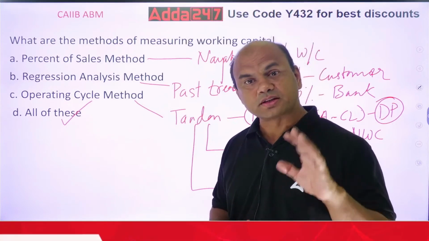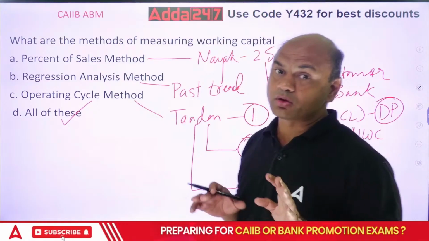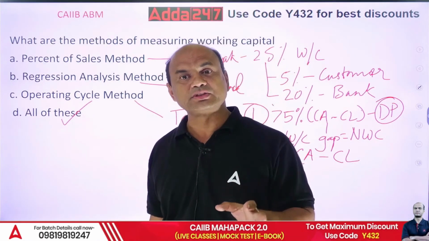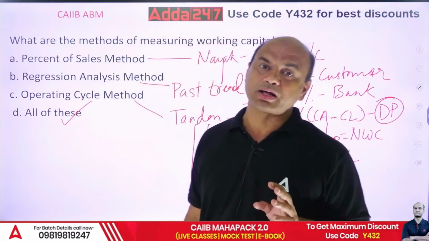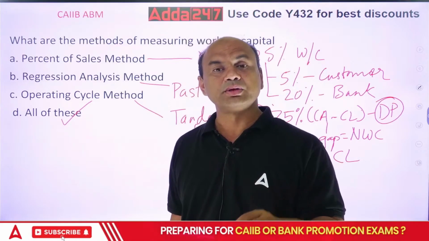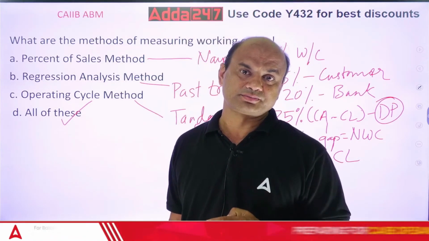Now this is for all customers in general. It may not be common for everyone. In particular cases, you have to make changes. That's why RBI says you judge on your own based on customer requirements.